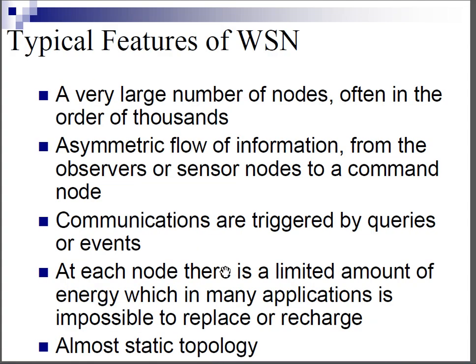So now let's look at the typical features of WSN. We have a very large number of nodes, often on the order of 1,000. Asymmetric flow of information from the observer or sensor node to a command node.